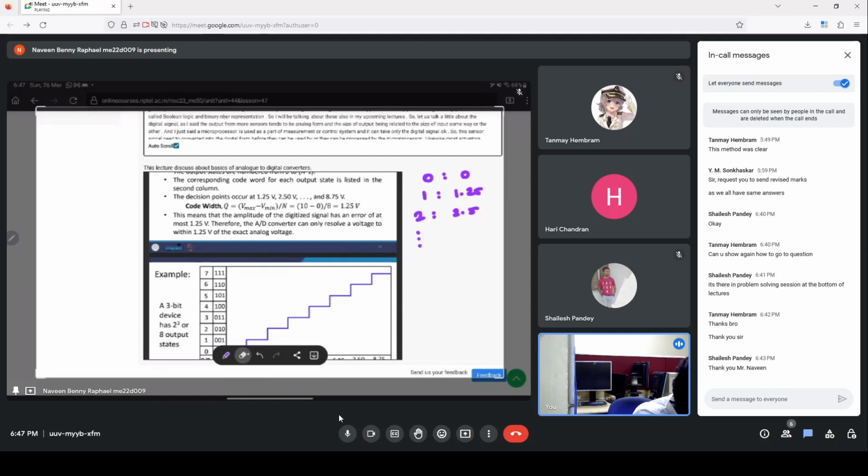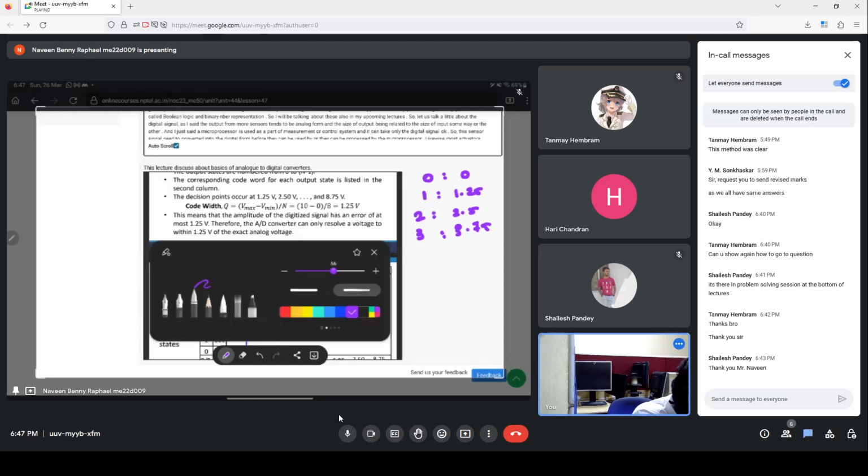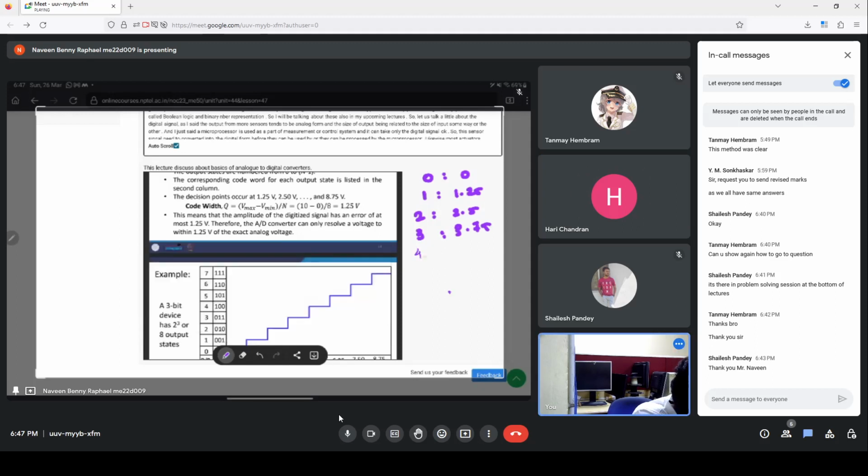But if you do it this way, we get... My question is here: it should not be 1.25, it should be 1.42, then that 8 bit will be divided into the 10 volts.